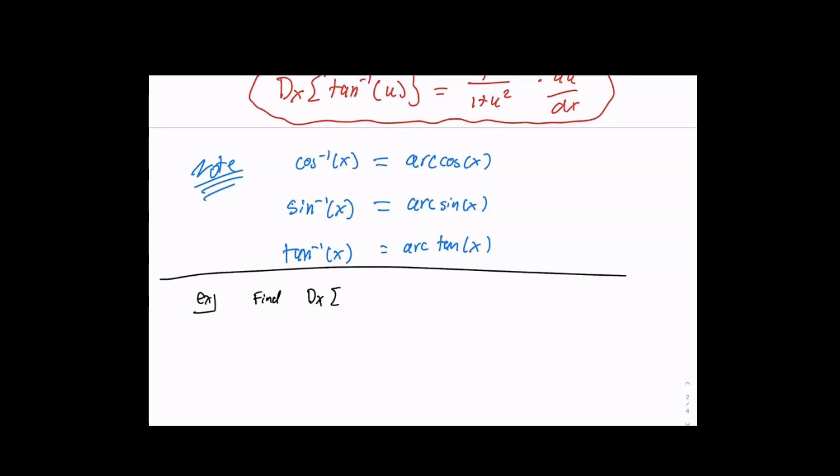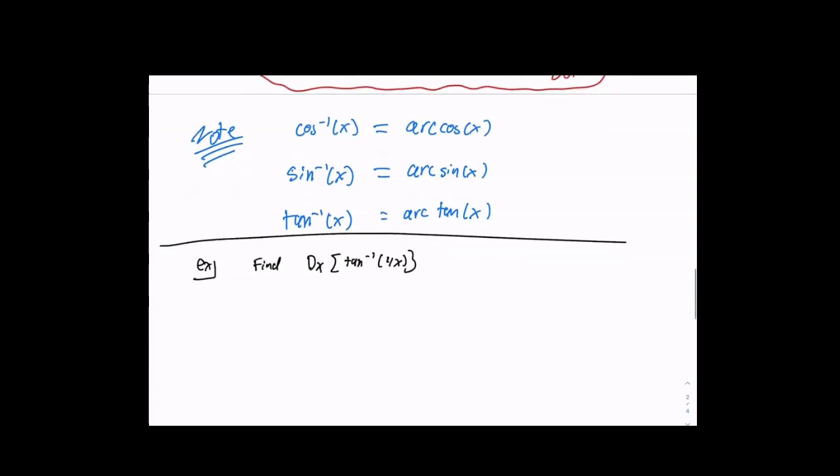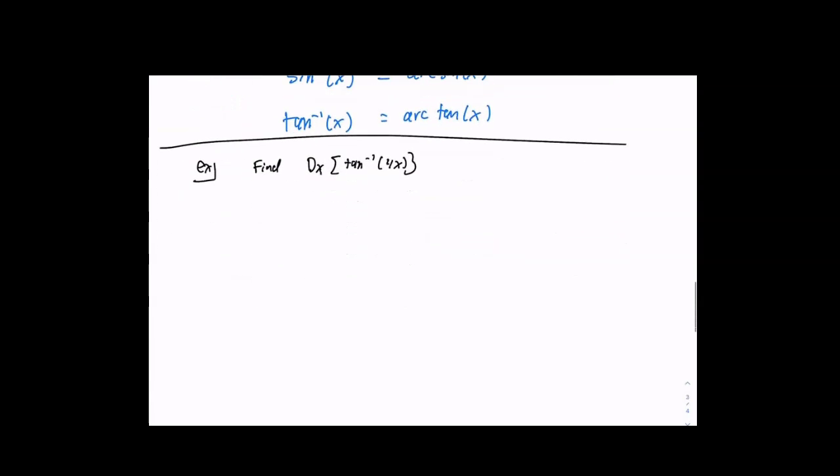Of course, the exam is ever changing and evolving, especially during these times. So we need to realize that. So the question is, what is the derivative of arctangent of 4x? I'm trying to interchange the vocabulary so that you can see it.